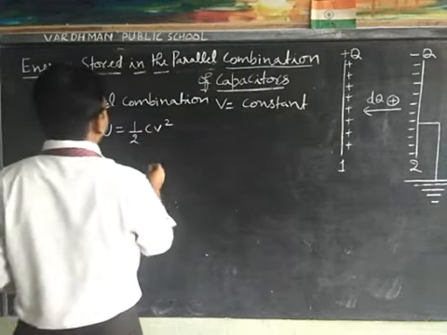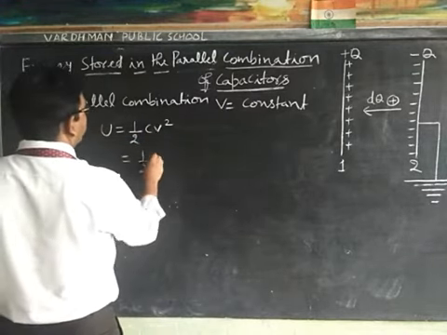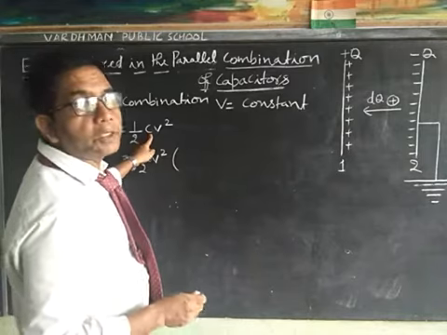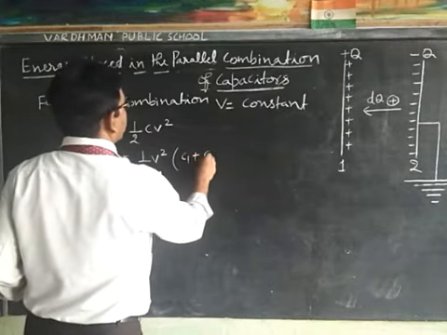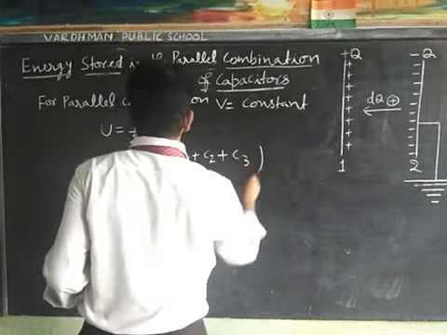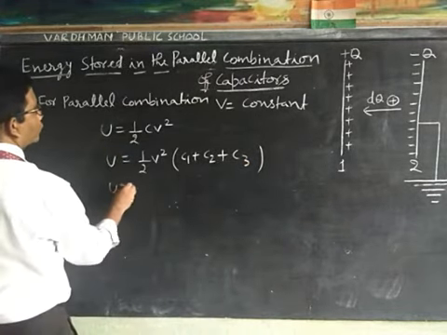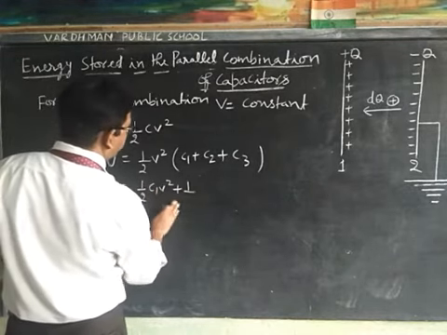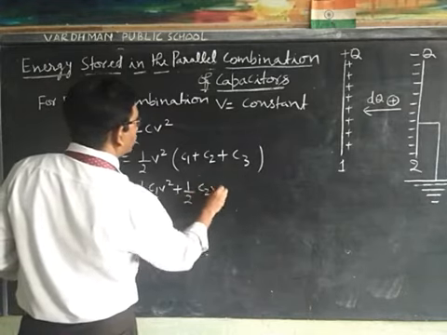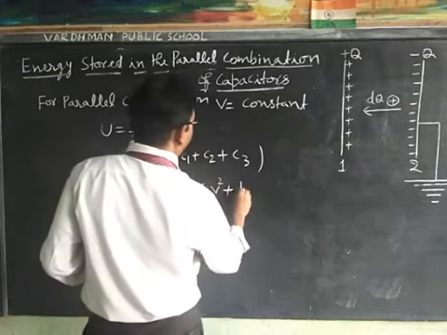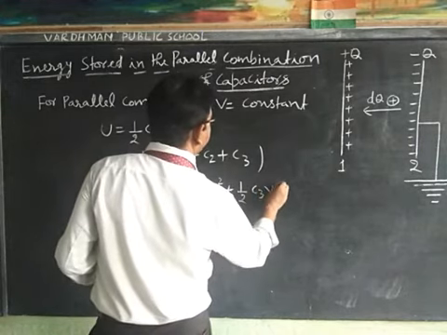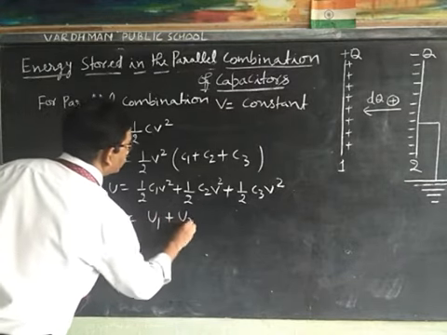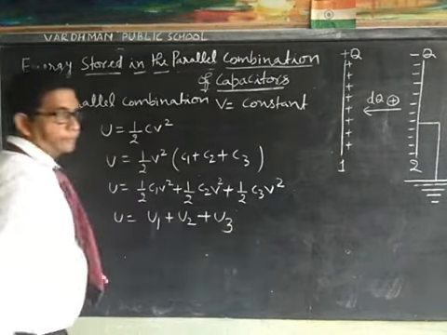Since V is constant, we can write half V squared, and in parallel combination C is equal to C1 plus C2 plus C3. That is, U is equal to half C1 V squared plus half C2 V squared plus half C3 V squared. This can be written as U is equal to U1 plus U2 plus U3.